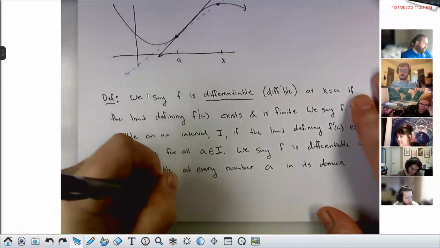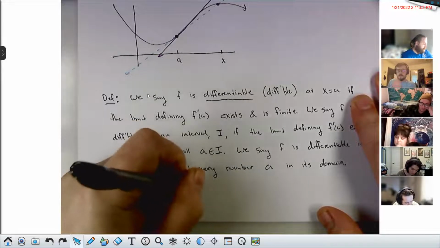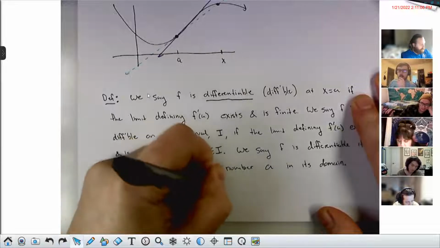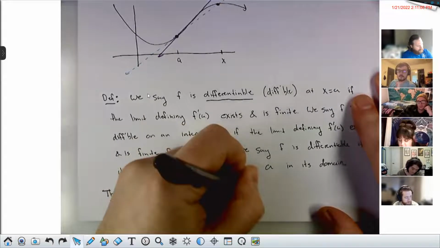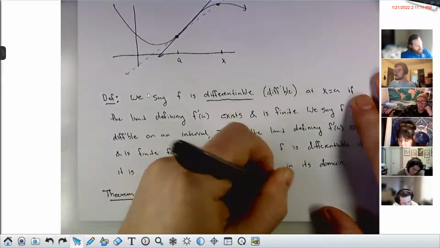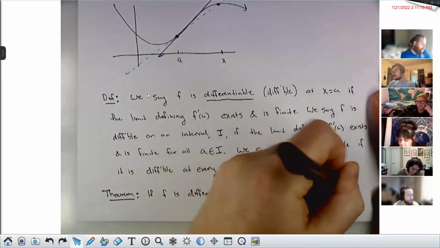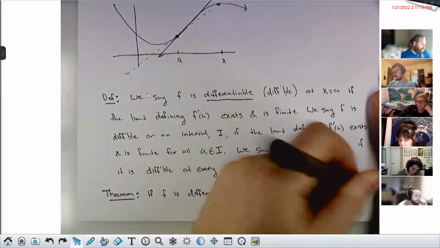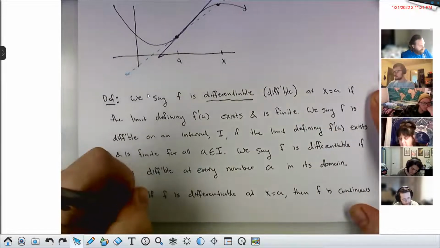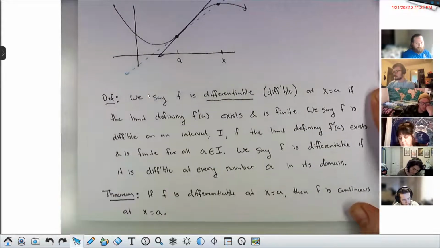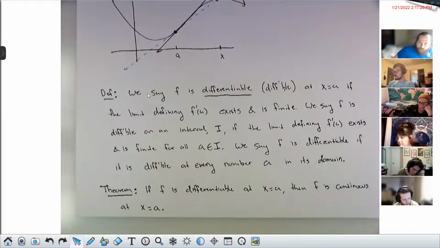If f is differentiable at x equals a, then f is continuous at x equals a. So if you're smooth, you're connected, right? If a curve is smooth around some point, then the graph can't have any jumps or holes. You can't be smooth if you are broken.